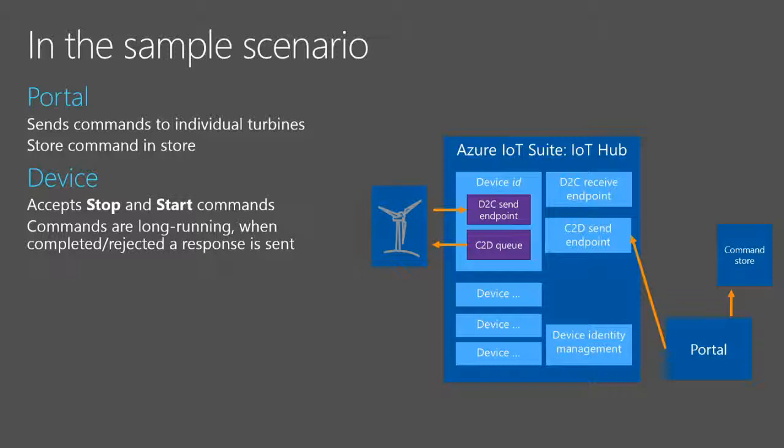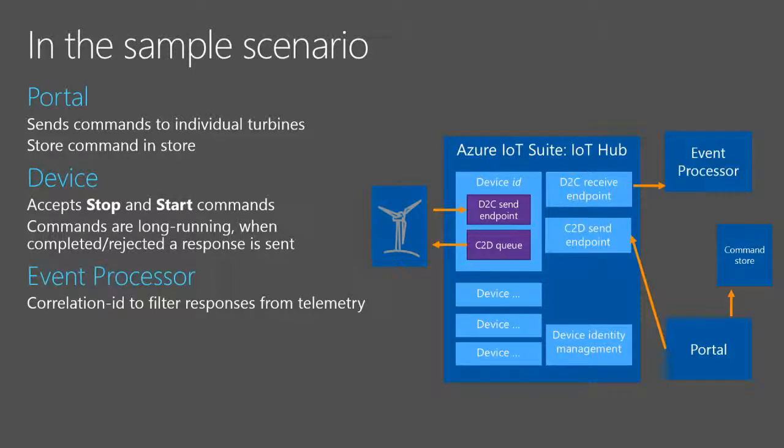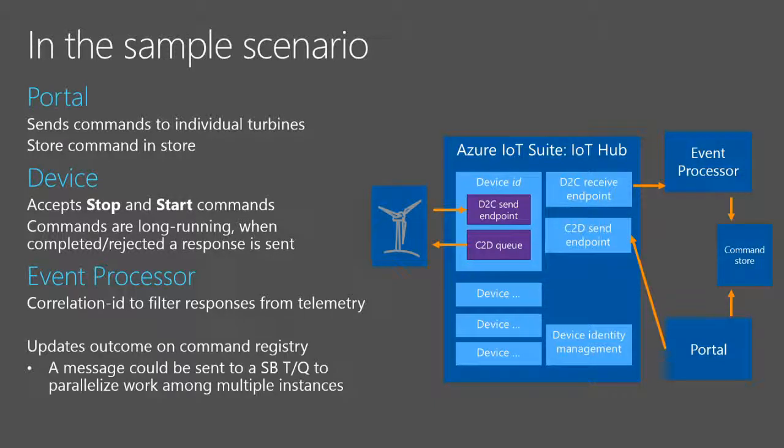It could also reject the command on the spot, and then when the command is completed, a response is sent through the device to cloud pipeline. Our event processor distinguishes those messages and updates the command store. In general, you might want to do something that's not just updating a store.